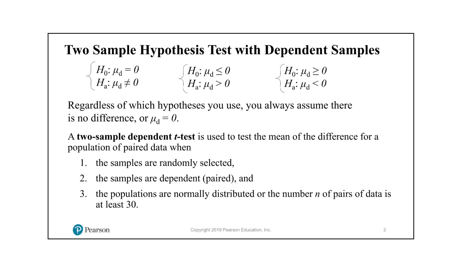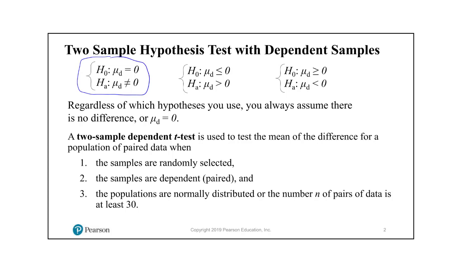So here's how it would look in the different cases of having the different tailed tests. Here, mu D is the mean difference from the population. In the first case, the null hypothesis is that the mean difference is 0, and the alternative is that the mean difference is not 0.